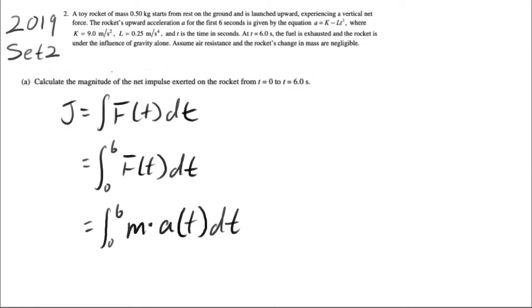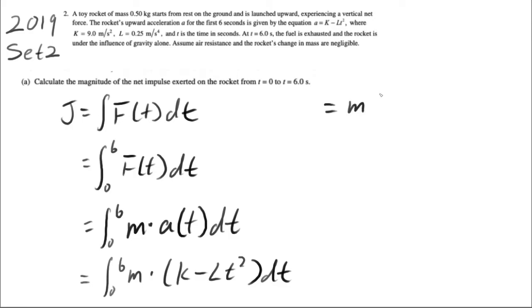So that fits perfectly. We can plug this equation into the integral and get the integral from 0 to 6 of mass times (k minus lt squared) dt. We can take the mass out because it's a coefficient, so we get m times the integral from 0 to 6 of (k minus lt squared) dt.